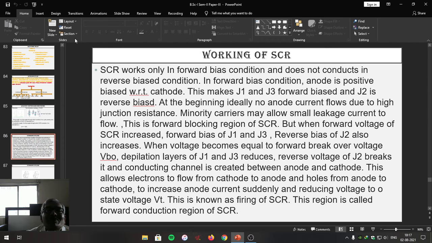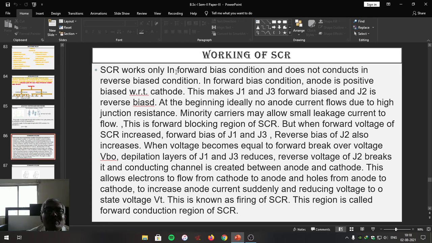Let us see its working in the descriptive aspect. We have already studied the diagrammatic working of the SCR. Now let us see it word by word.